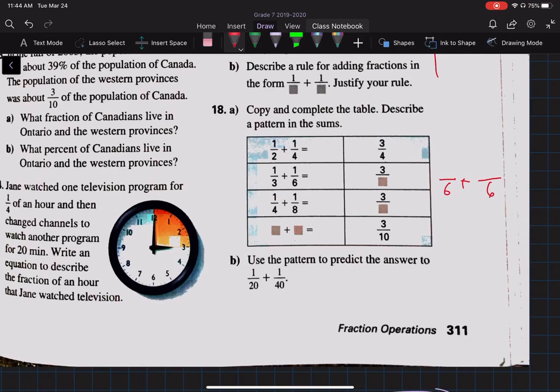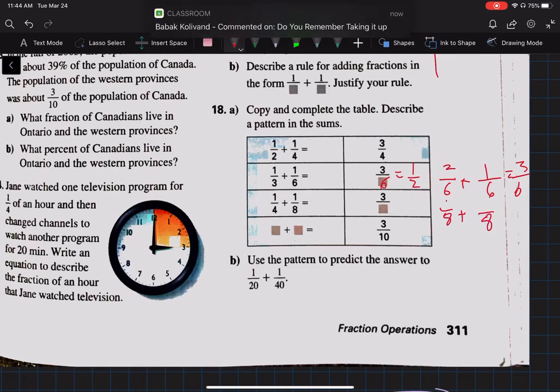So say 6 divided by 3 is 2. This becomes 2 over 6 plus 1 over 6, which is equal to 3 over 6, which also reduces to 1 over 2, right? 1 over 4 plus 1 over 8, again, it's going to be over 8 plus over 8, and that would be 2 plus 1, which would be 3 over 8, right?